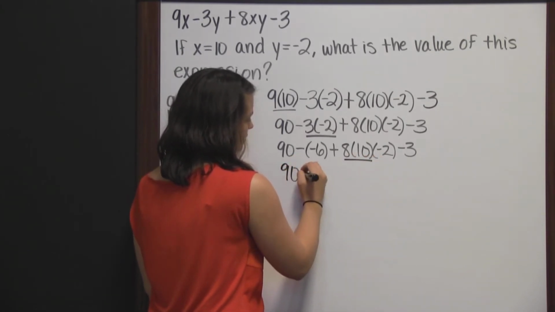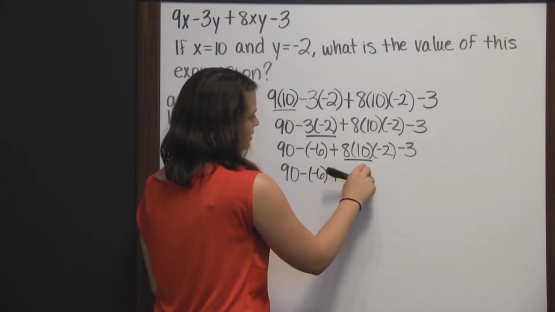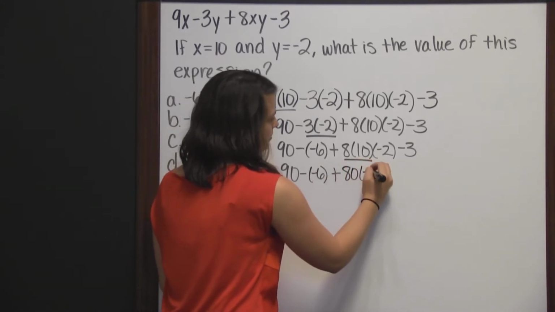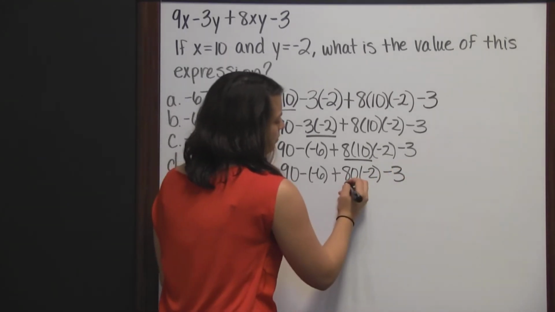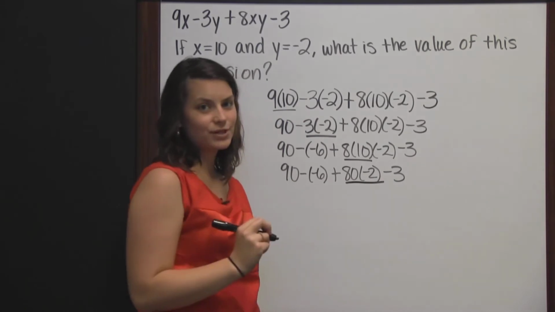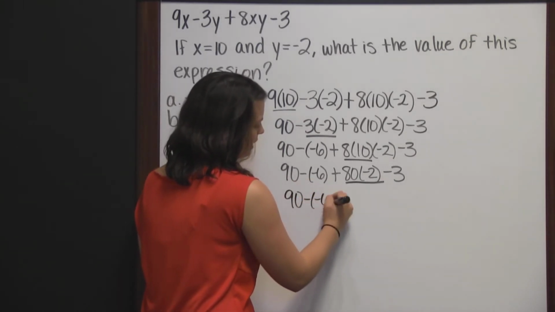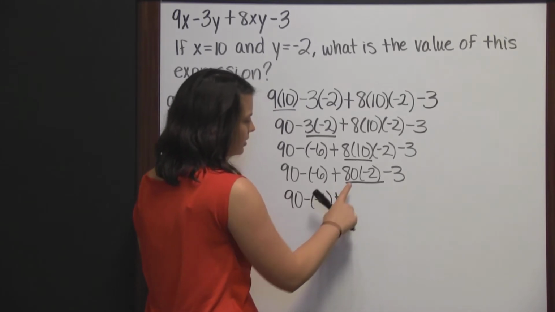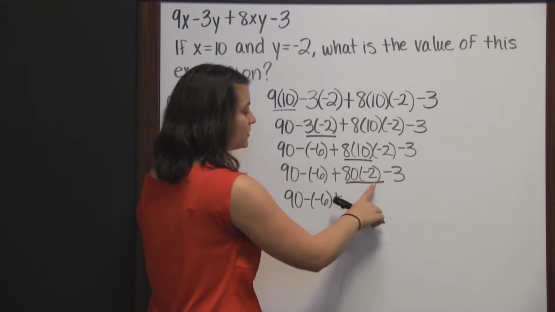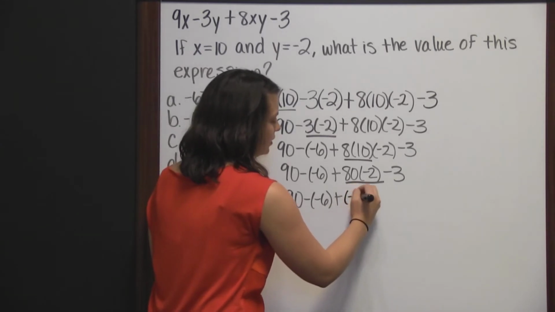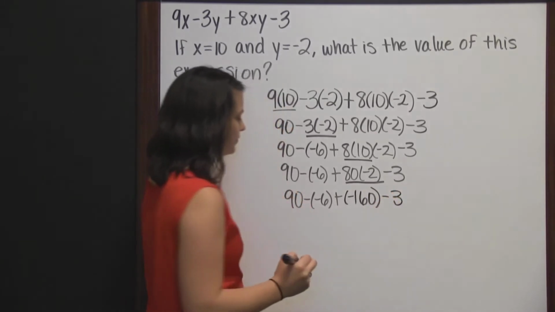So we have 90 minus a negative 6 plus 8 times 10 is 80, times negative 2 minus 3. Then we need to multiply 80 times negative 2. So we bring down our 90 minus negative 6 plus 80 times negative 2. A positive times a negative is a negative, so negative 160 minus 3.